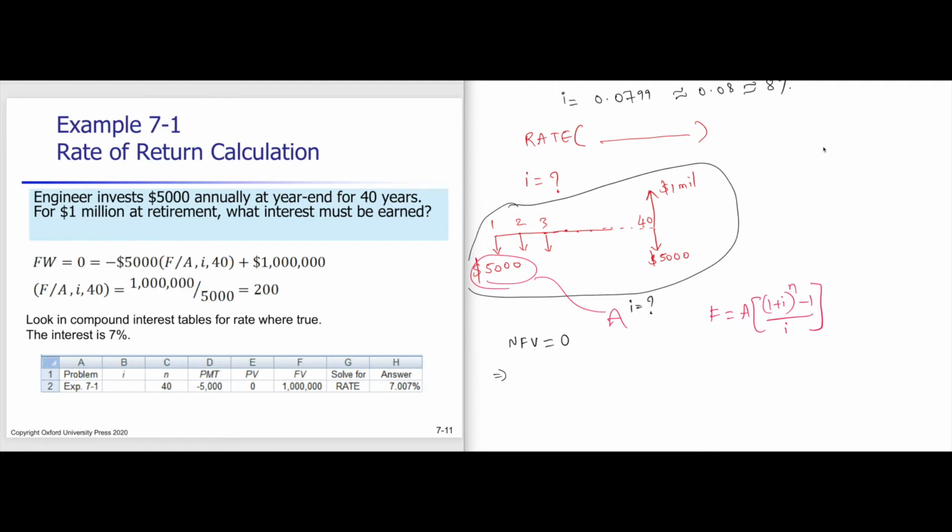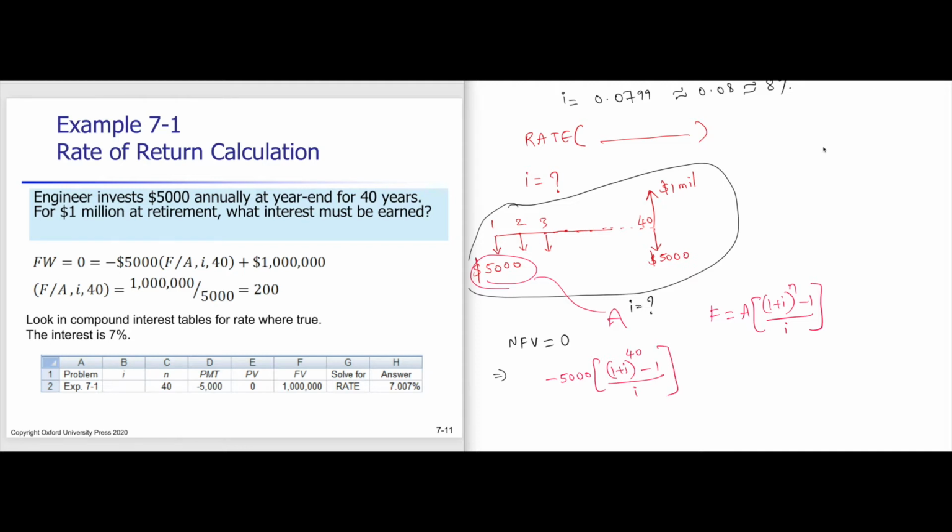So we will write the future value of the 5000 annual cash flow as negative 5000 times 1 plus I to the power of n minus 1 over I. For 40 years there's a cash flow, so n is 40.